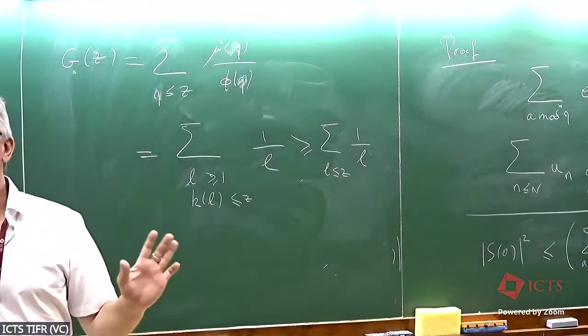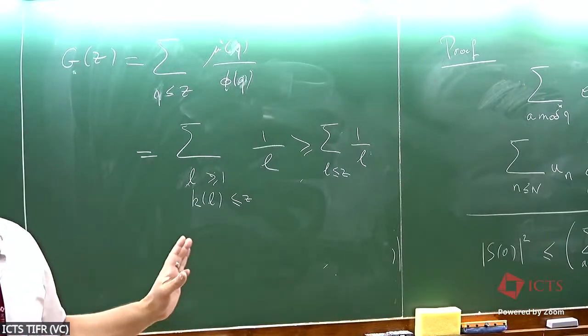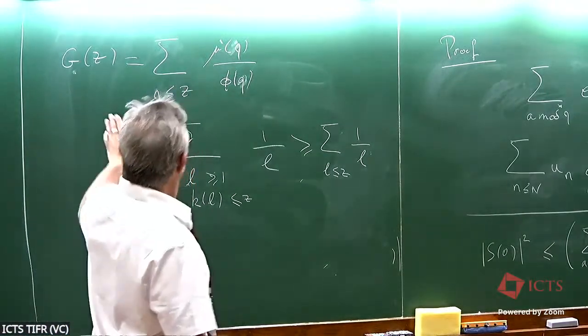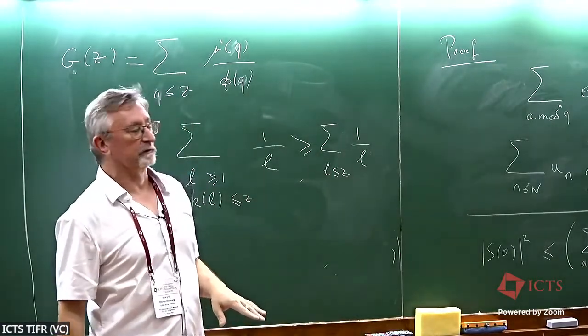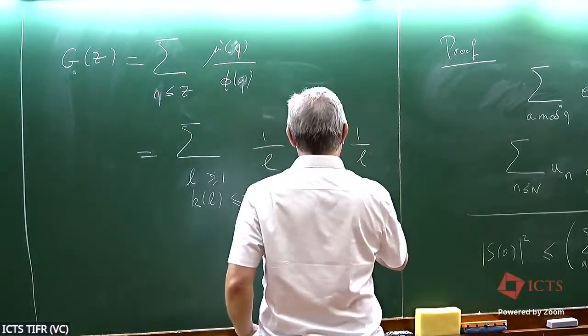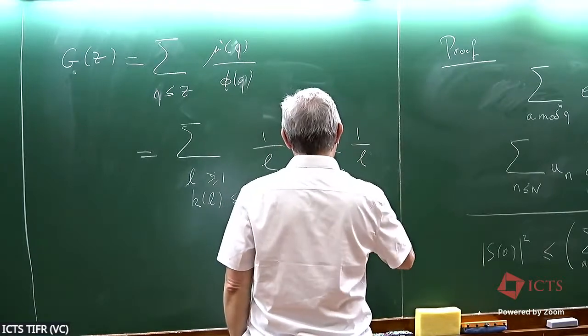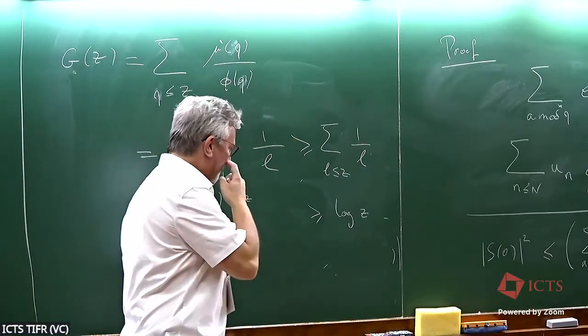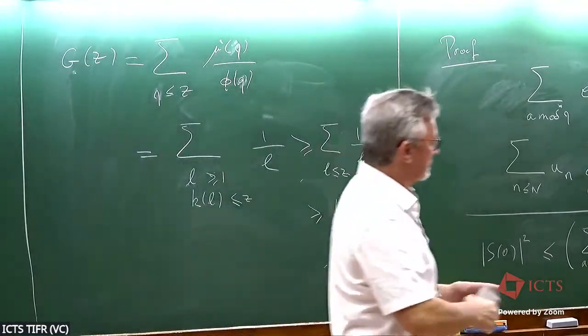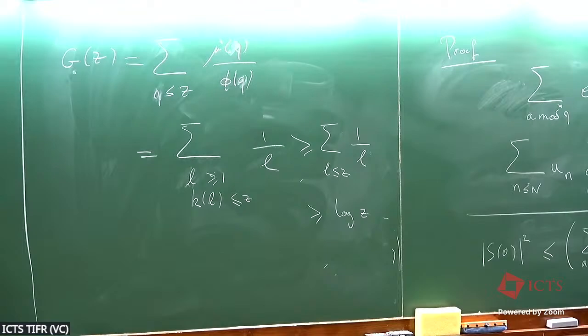You have the feeling that you're losing many things. In fact, we can show that G of z is equivalent to log z. So this one is larger than log z.